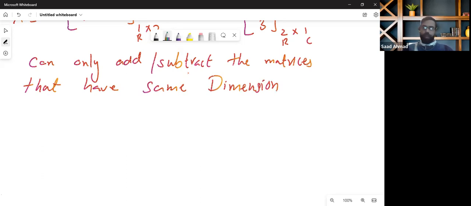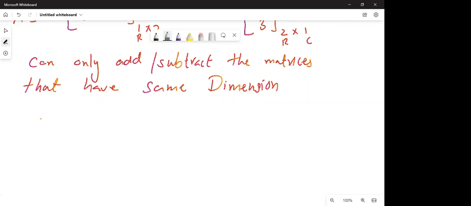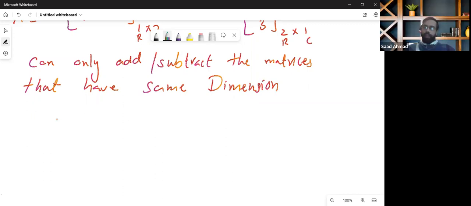You can also say the order of matrix or dimensions of matrix, same order of matrix. All right, so addition and subtraction, they are basically same. In addition, you just add them, and in subtraction, you just subtract them.